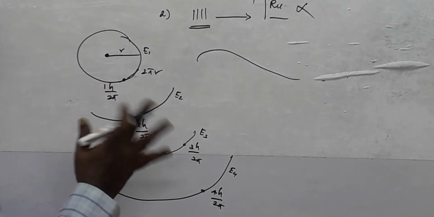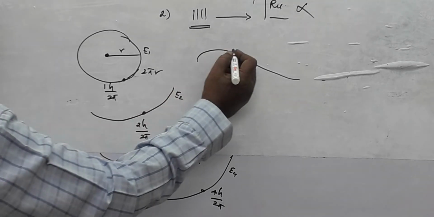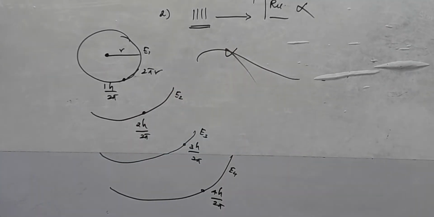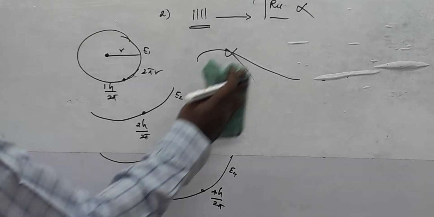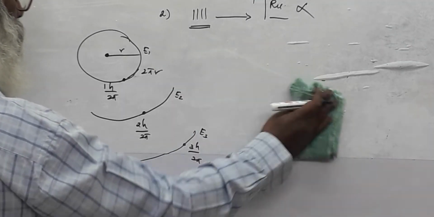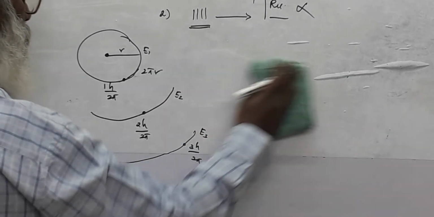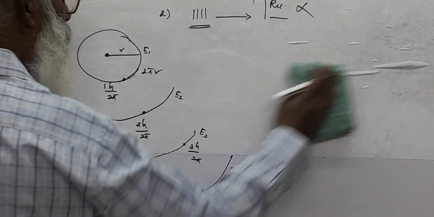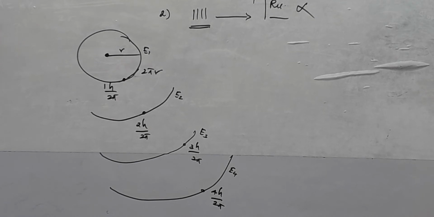There is no fixed energy level. That's why it is not possible to get continuous spectra. We are getting line spectra. So the explanation of line spectra that I have to explain here, you have to observe keenly.